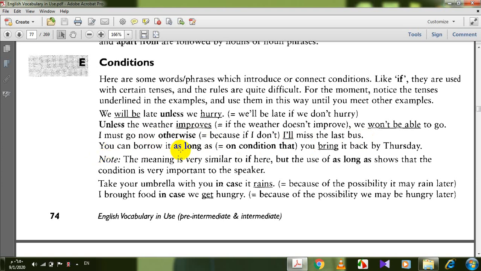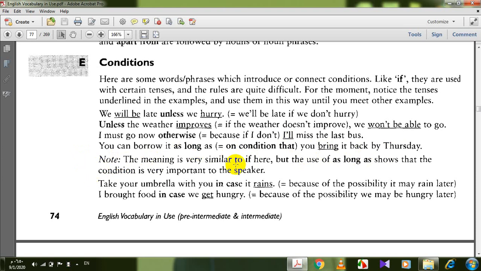You can borrow it as long as, good, on condition that, as long as, طالما in Arabic. You can borrow it as long as, on condition that you bring it back by Thursday. It means I can give it to you on condition that you bring it back by Thursday. Good. As long as.